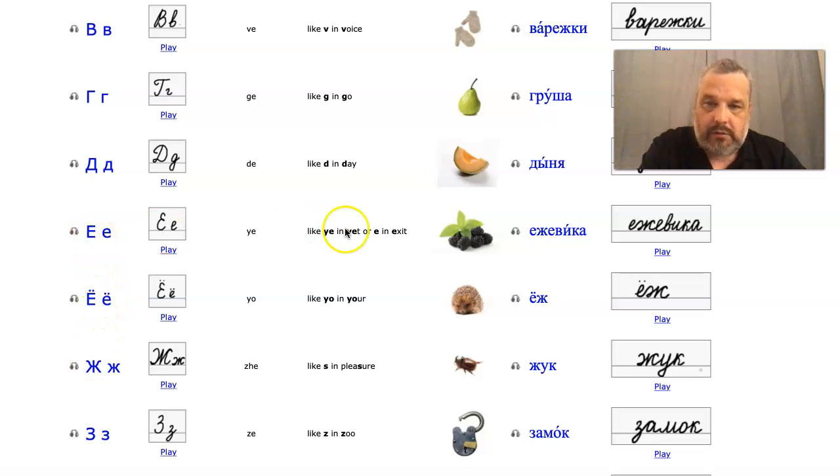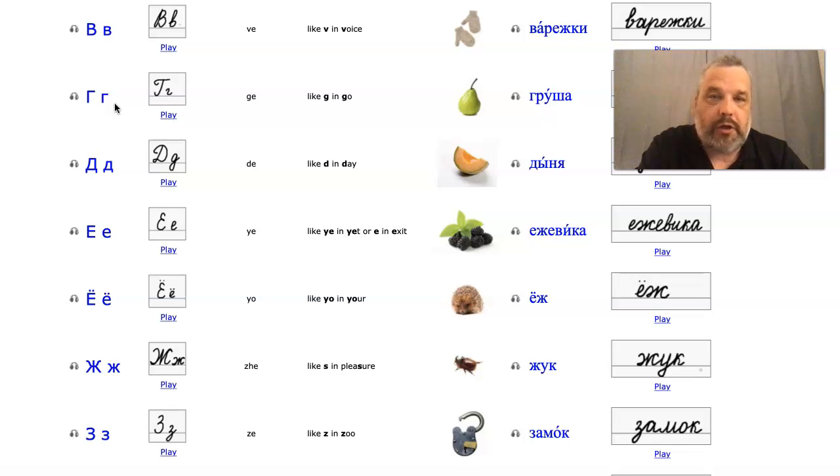Yeah, like yet, okay? And then when you have the dots over the E, it becomes yo, like yo, Adrian, from Rocky, okay? D is like us, day, David, things like that. G, remember, it's not like George, it's go.